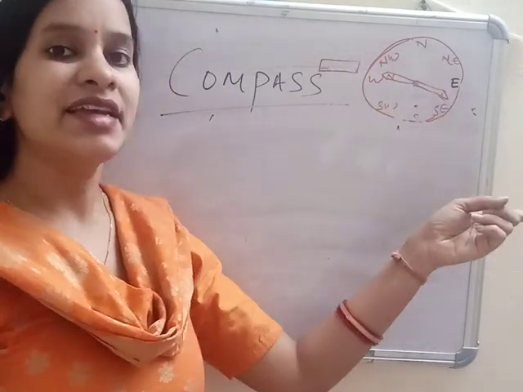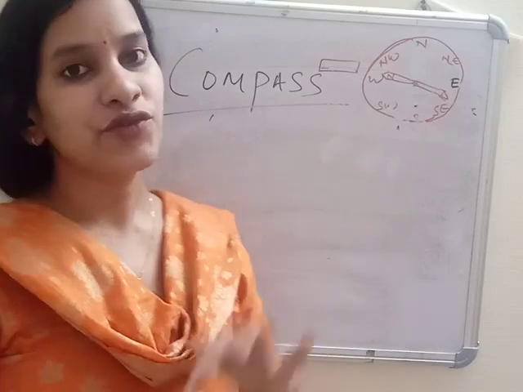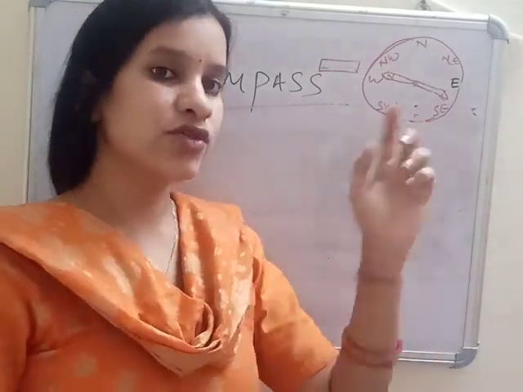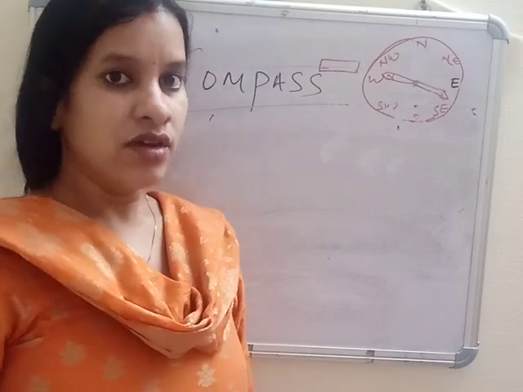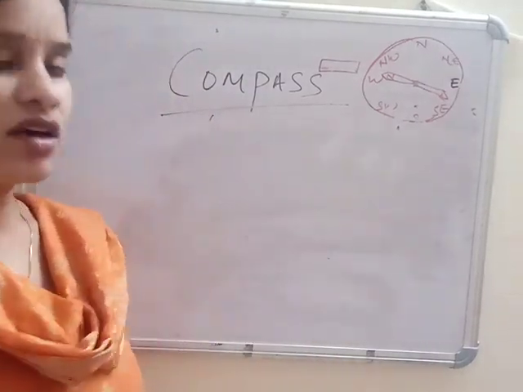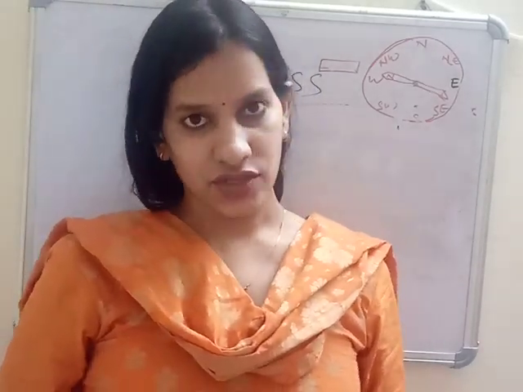So the compass can indicate which end is your north and which end is your south. If it's not written on the magnet, with the help of a compass you can know that. So this is how the compass works, and the compass is widely used by navigators to find the direction.